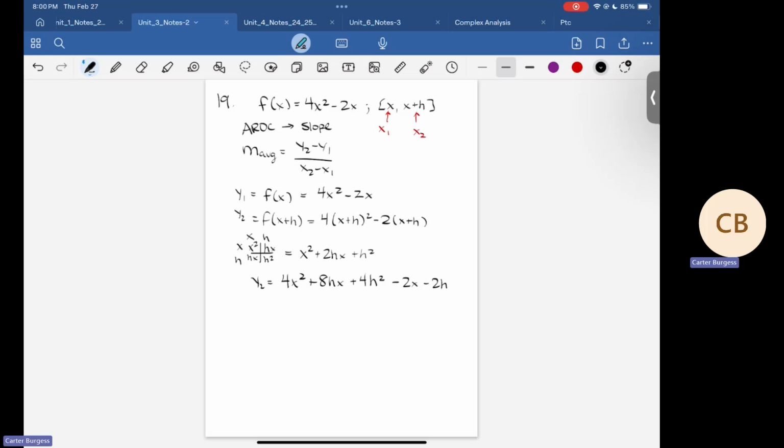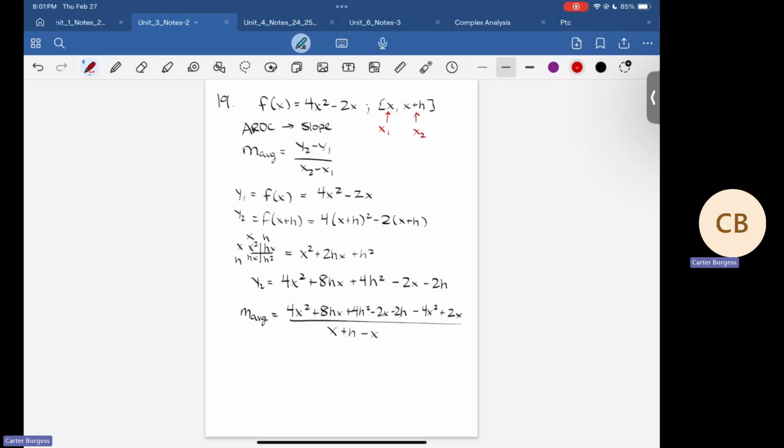And so y2 minus y1, on average, this is going to be 4x² + 8hx + 4h² - 2x - 2h, minus, make sure we're subtracting all of y1, so that negative is going to distribute, (4x² - 2x), so plus 2x, because the negative distributes, all divided by x2 minus x1, x + h minus x.